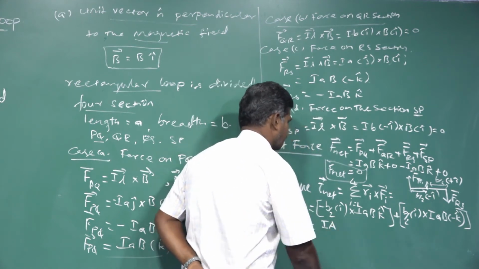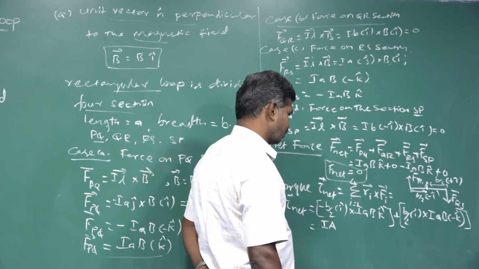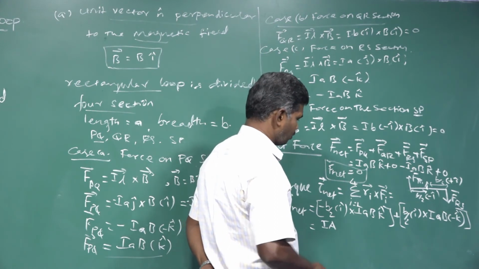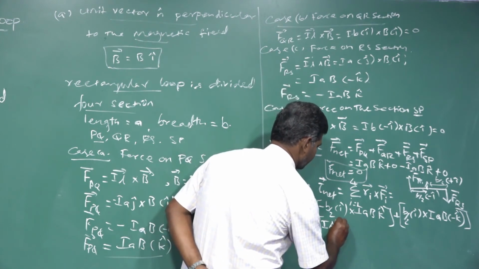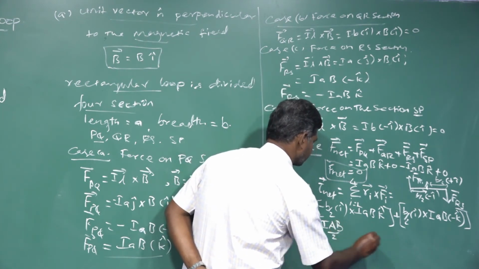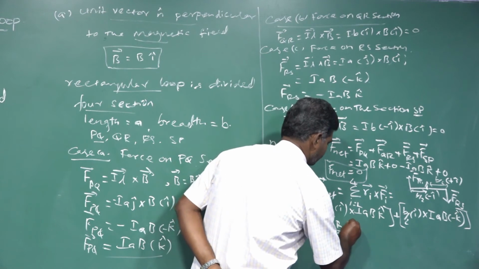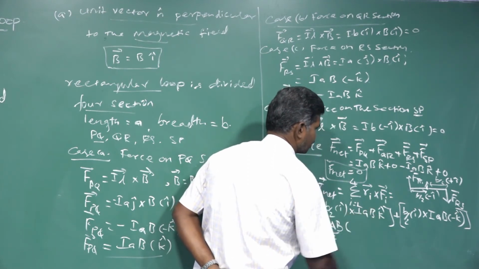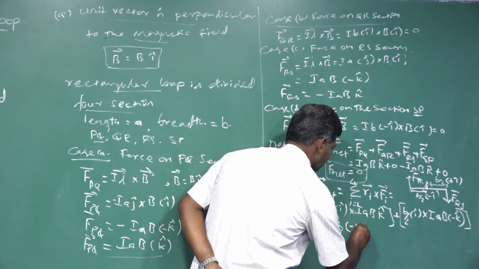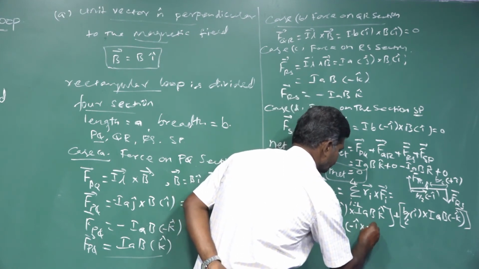That is the area of that loop can be taken as capital A, breadth into length. Okay. After that b by 2, there we have minus I cap cross K cap. Minus I cap cross K cap.